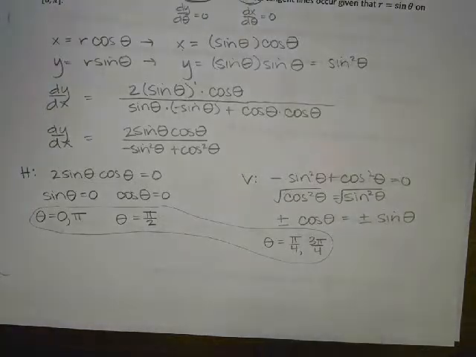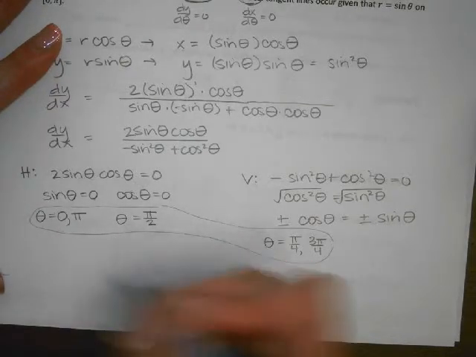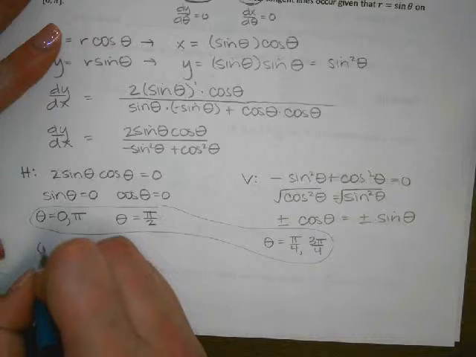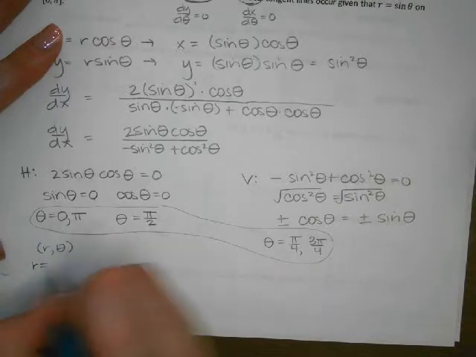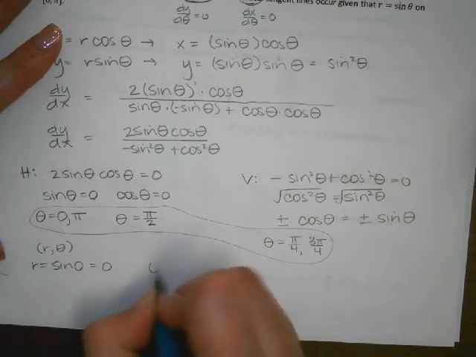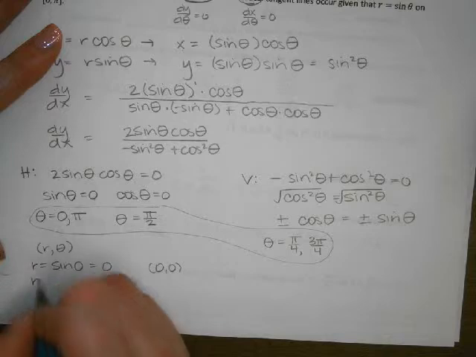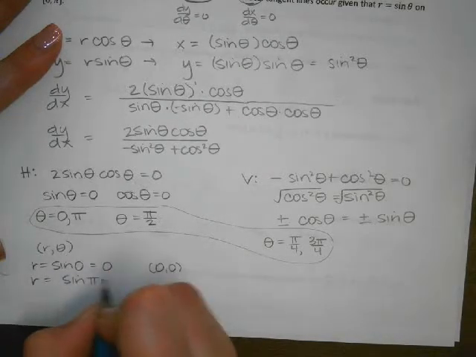All right, so now I can go through and I can find the points. So I have, this is going to be r theta. So I'm going to say r equals sine of 0, which is 0. So that gives me the point 0, 0. R equals sine of pi, which gives me 0.